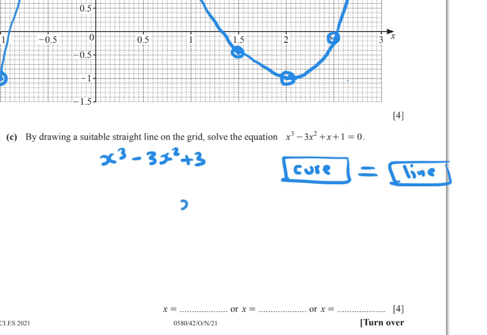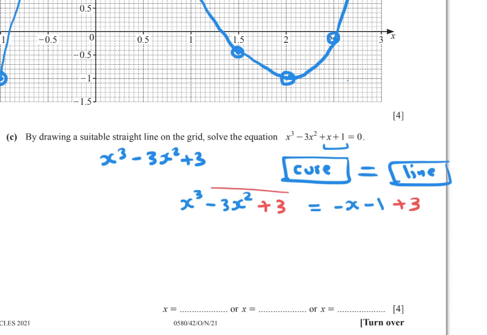So we have x power 3 minus 3x power 2, and transpose x plus 1 to the other side with negative signs, so minus x minus 1. Now we need to make this side the same as the equation of the curve. So add 3 to the left hand side and add 3 to the right hand side.